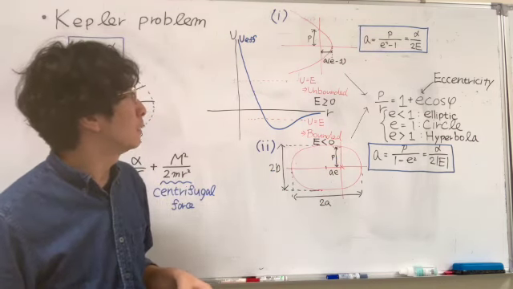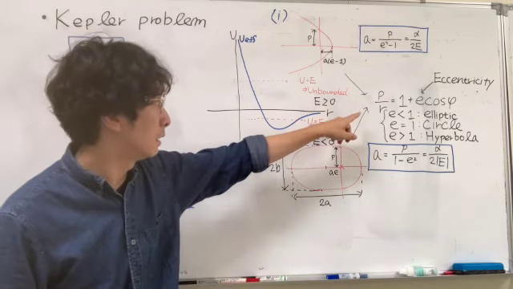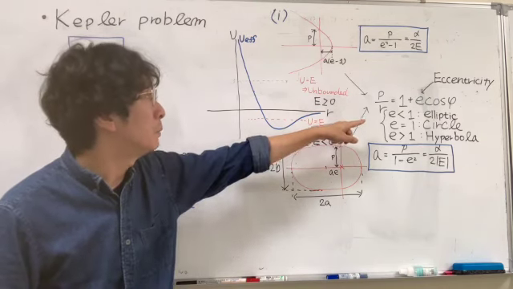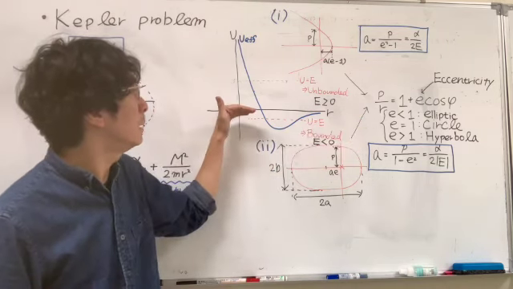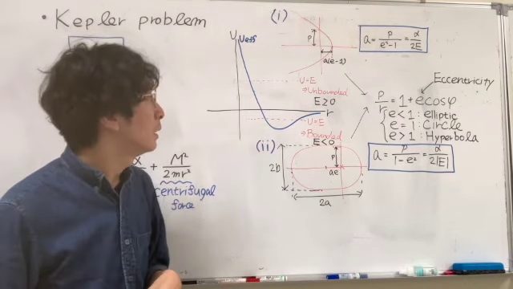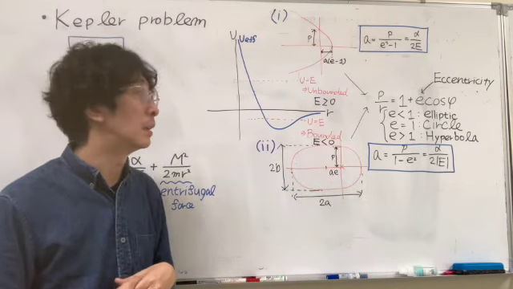At that time, we can describe the trajectory with this equation. This one is elliptic type, and e equals 1 is a special case. This is a circle shape, and if e is larger than 1, the solution is a hyperbola.